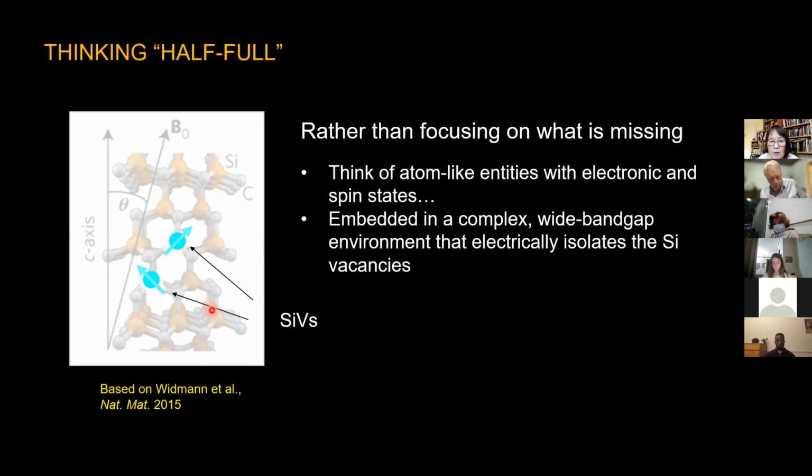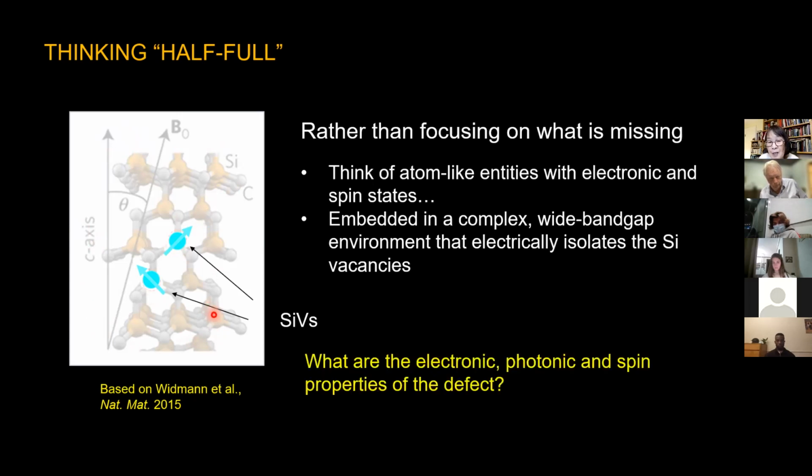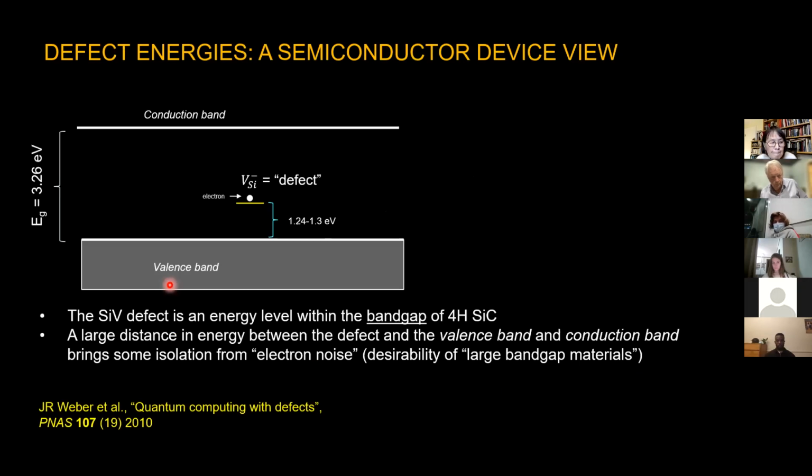I'll show you another example of this in just a minute. So if we think of it this way, what are the electronic, photonic, and spin properties of this defect that lend it such great credence as a possible qubit?